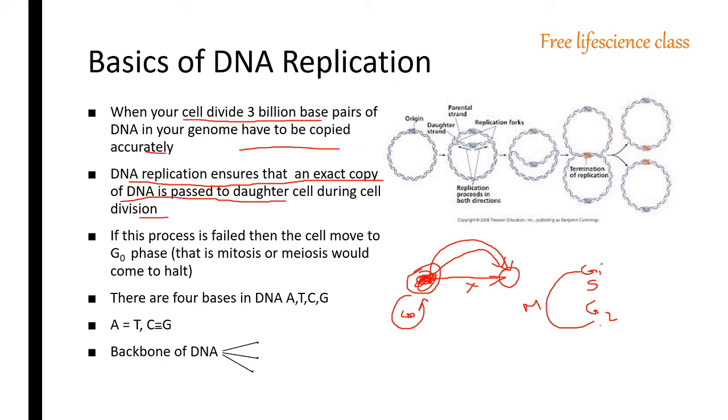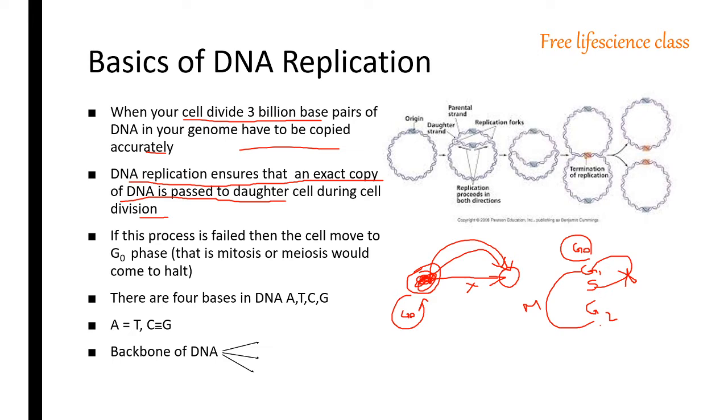If your genome fails to make some factors for DNA replication in this phase, then it will not allow progression to the next phase. Instead, it will go for a resting, arrest phase, that is G0 phase.